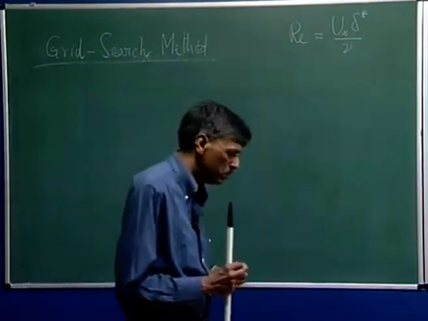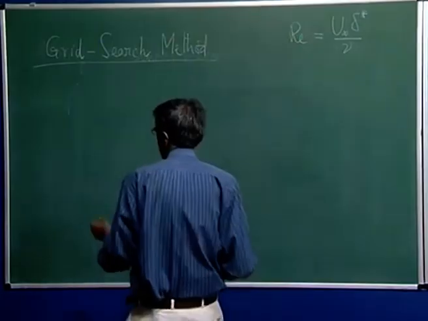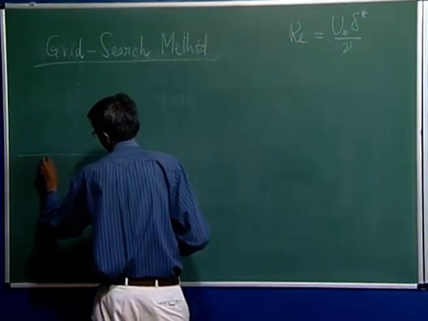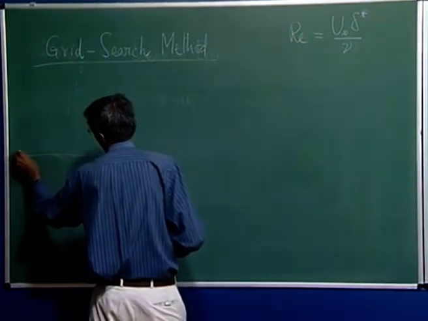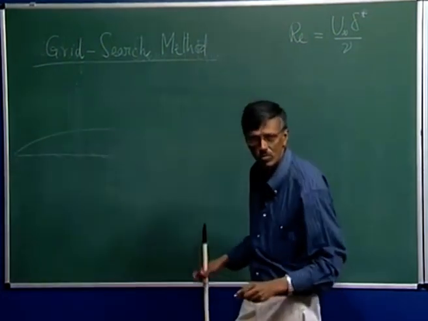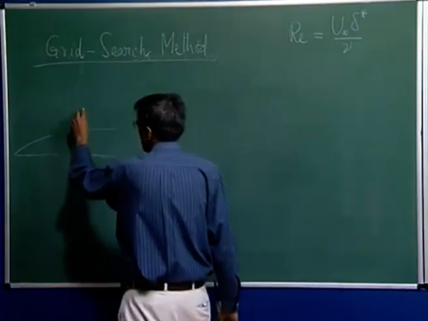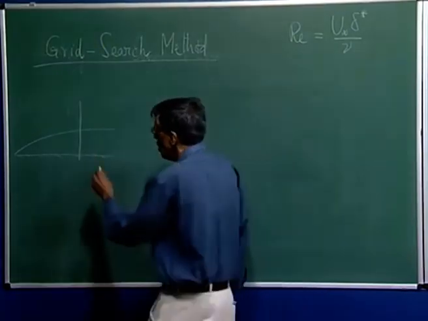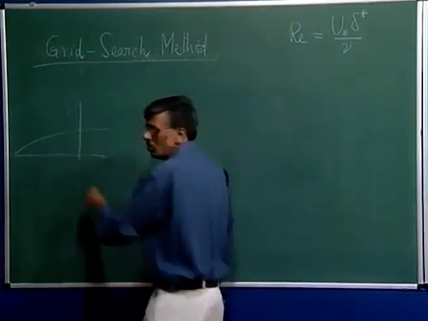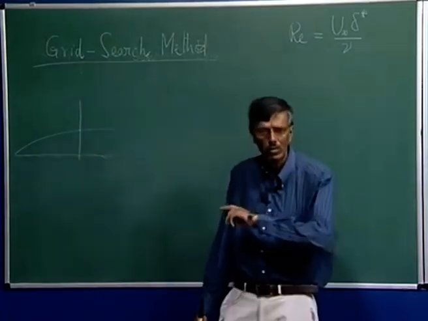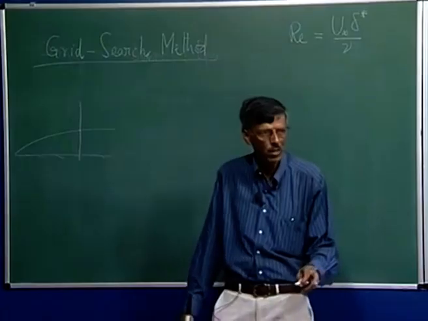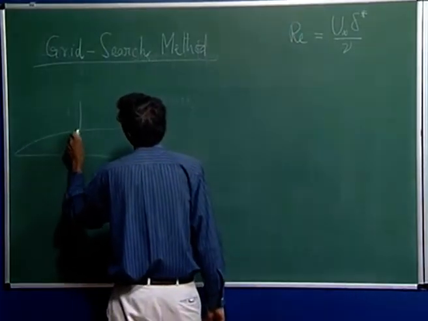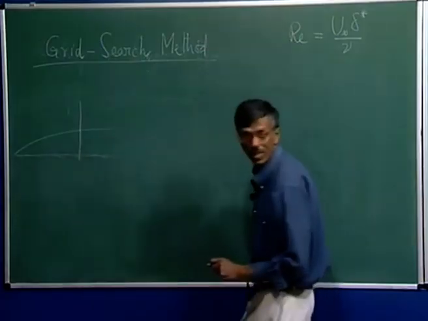So, what you do? This is the problem. Your boundary layer is like this. So, you are investigating at this station. You will assume that locally the flow is parallel, that is why we are talking about u only as a function of y. So, we will think of it as if there is an equivalent constant thickness boundary layer.